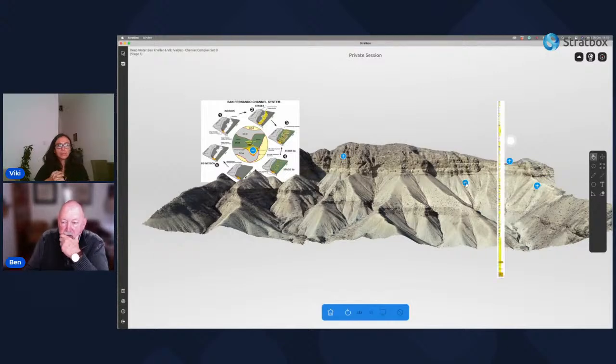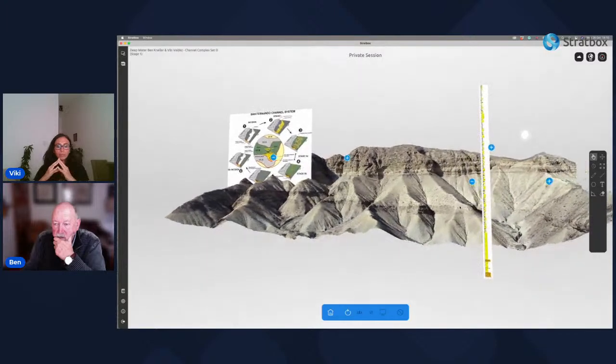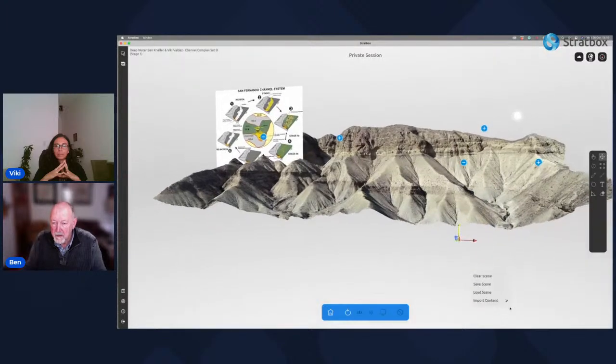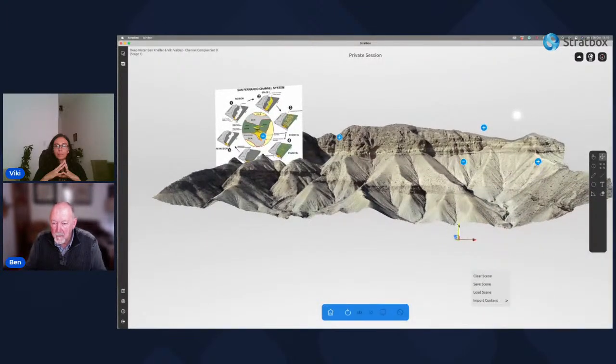And if we actually look at what's in here, this is a log through this section here. But we can move it around and scale it. Let's scale that to something that's a little bit more like a true scale compared to the outcrop. Then move it back in and up.